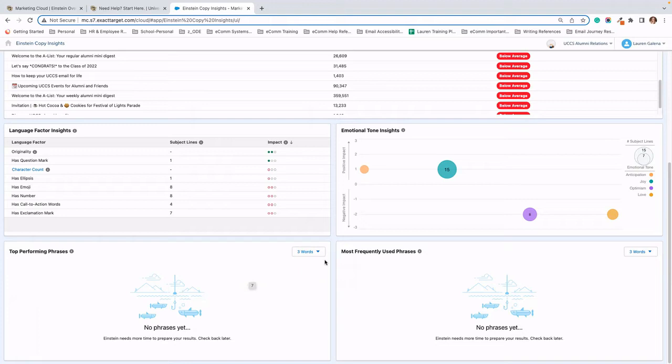Hey, Lauren, may I ask a question pertaining to your assignment? Yeah. I want to make sure I'm understanding the logic of the language here. I'm looking at the language factor insights, and I understand that the number of dots implies more or less of an impact. Mm-hmm.